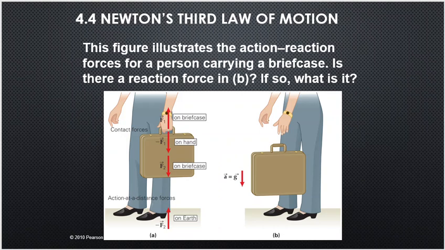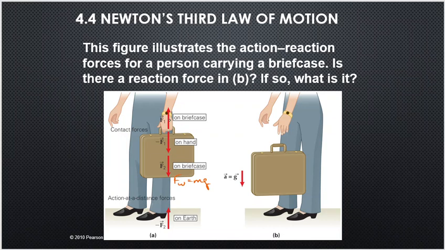Alright, this figure illustrates the action-reaction forces for a person carrying a briefcase. Is there a reaction force in B? If so, what is it? Well, let's look at example A first. If this person's standing there and this briefcase is not accelerating, and we're going to assume that it's staying still, it's not going up, it's not going down, it's not changing direction, then force 2 on the briefcase would be its weight, and that's going to be a downward force.